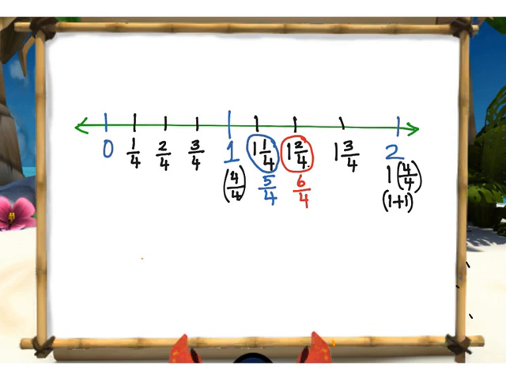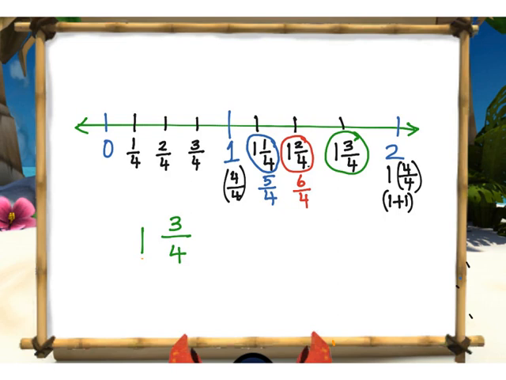Now, so let's see 1 3 by 4. How can we write 1 3 by 4? So that's a mixed fraction. So we have to write it as an improper fraction. Okay, so let's do it. How to do this one?